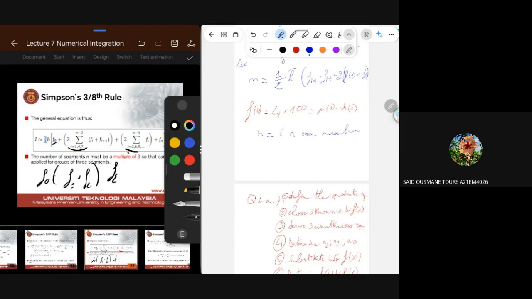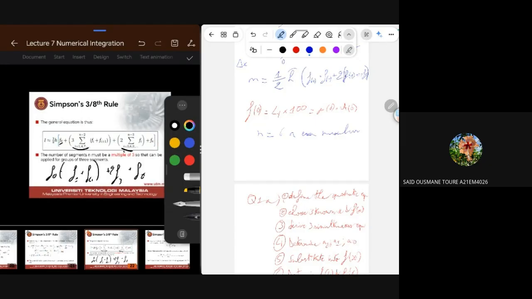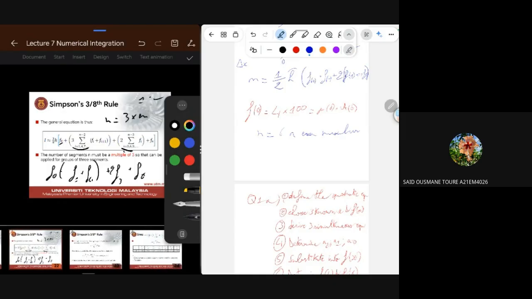Then the terms you multiply by 2, like f3, so 2 times f3, and then you're done, plus f6. Understand the idea? You can use that as long as n is a multiple of 3, so 12, etc. I don't need to explain it, hopefully.